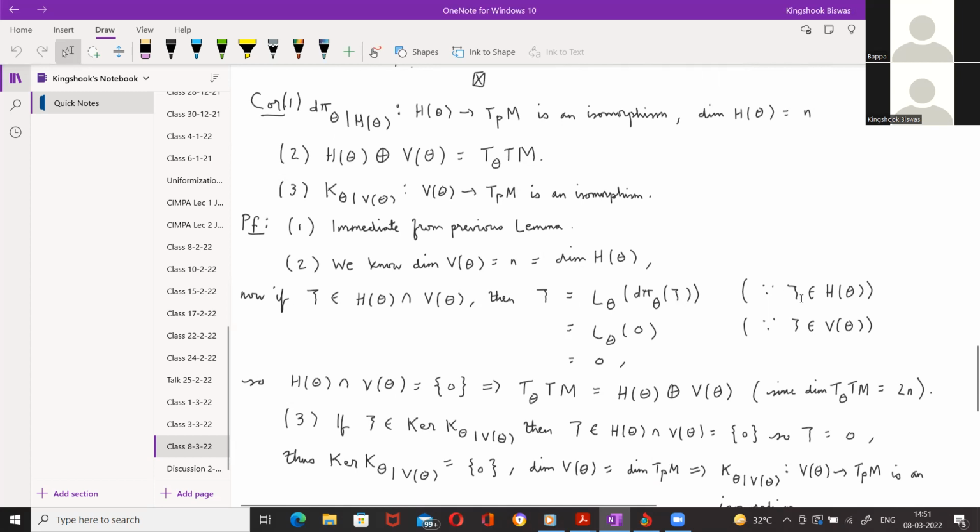This is because xi belongs to h theta. But now xi also belongs to v theta, so d pi theta of xi is 0. So this becomes L theta of 0, which is 0. So that means xi is 0. Therefore, the intersection of h theta and v theta is 0, and both have dimension n. The sum of the dimensions is equal to the dimension of T theta TM, which is 2n. Therefore, T theta TM is h theta direct sum v theta.